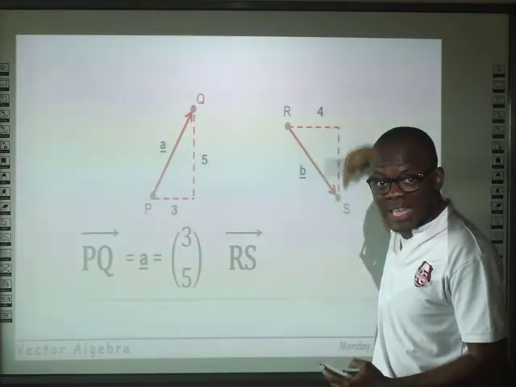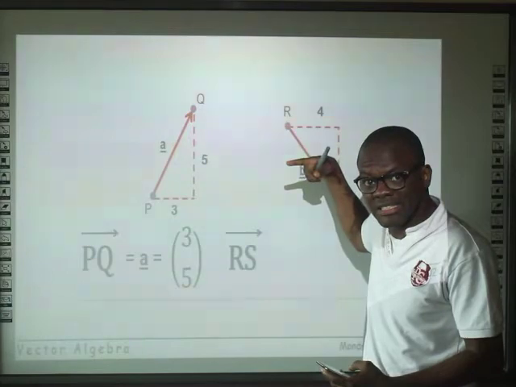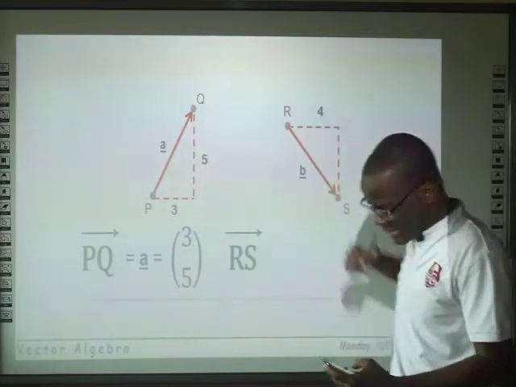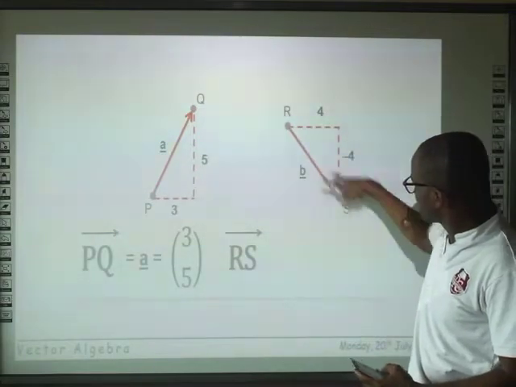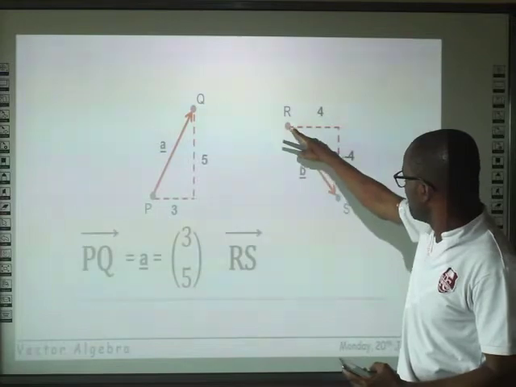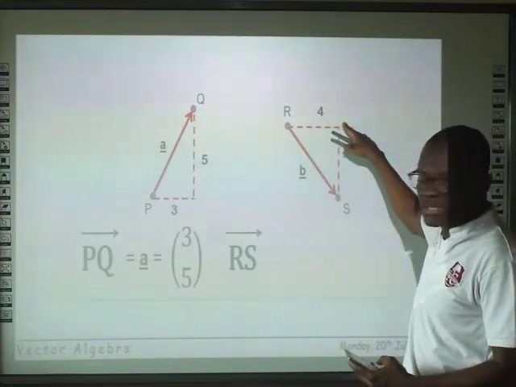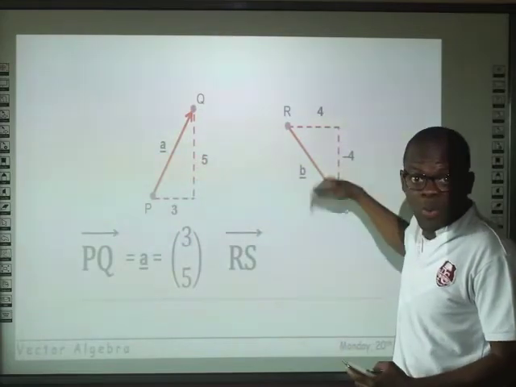Because we're going down, it's going to be, can anyone guess? Negative. Exactly, it will be negative. So to go from R to S, we have 4 units along the x-axis and then 4 units down the y-axis.